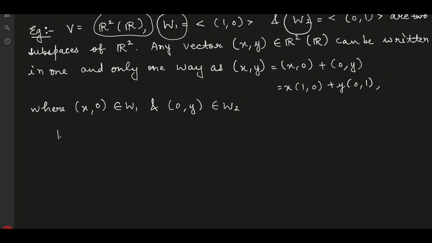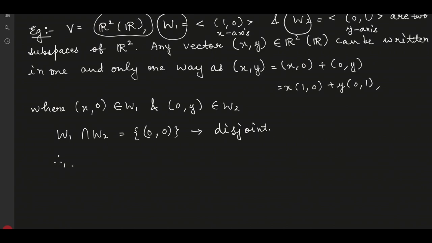Also, if I see what will be their intersection, this is my x-axis and this is the y-axis, so their intersection will be the zero subspace, which means they are disjoint also.